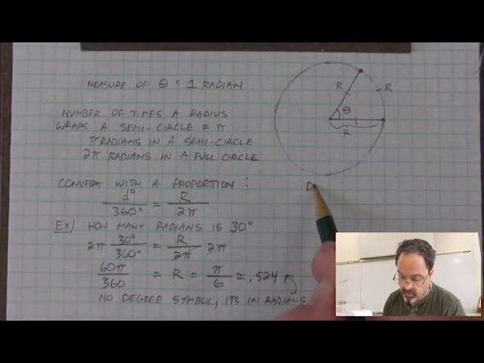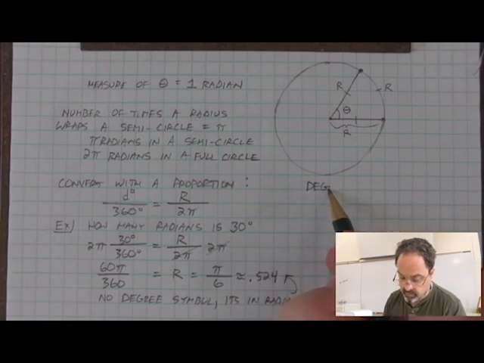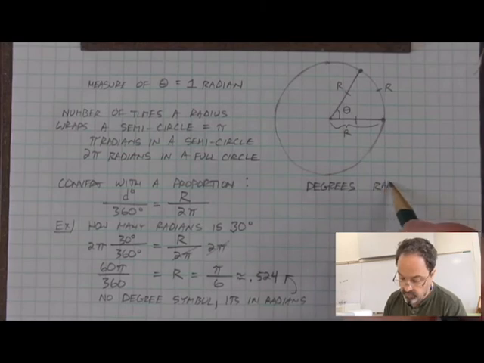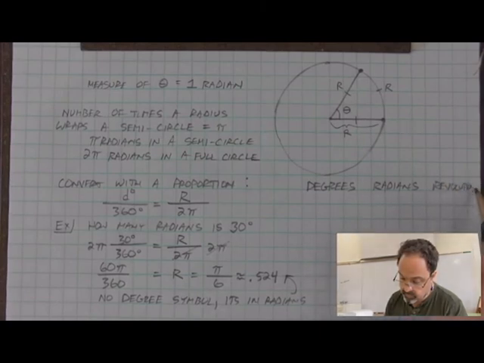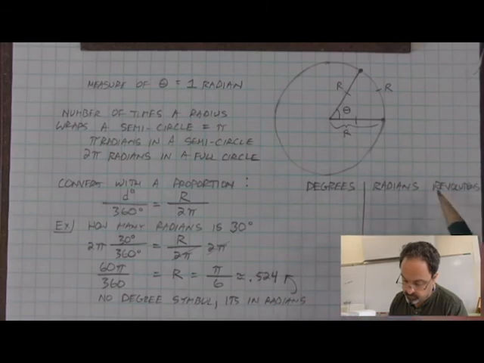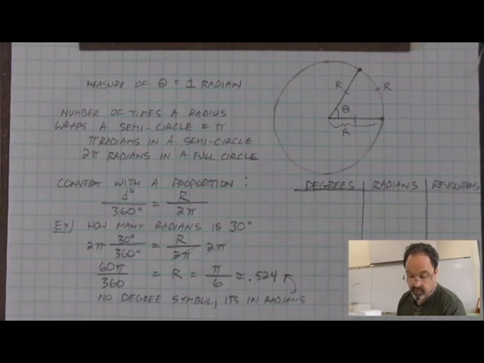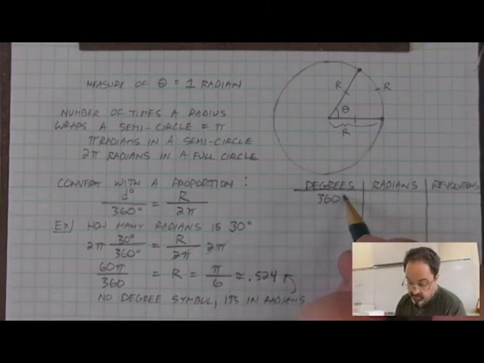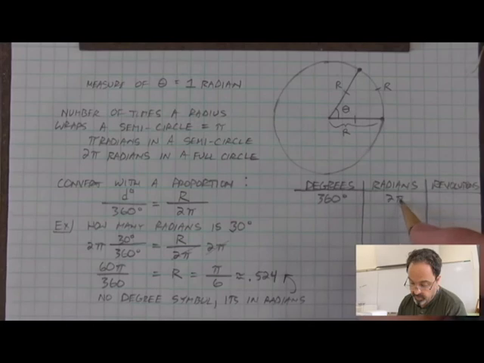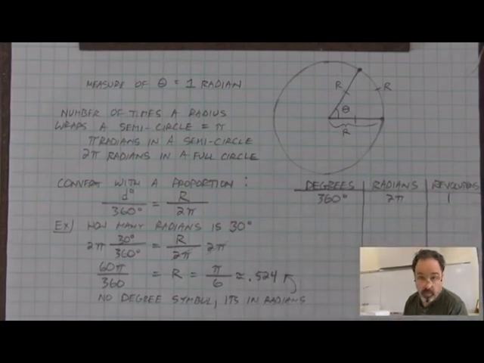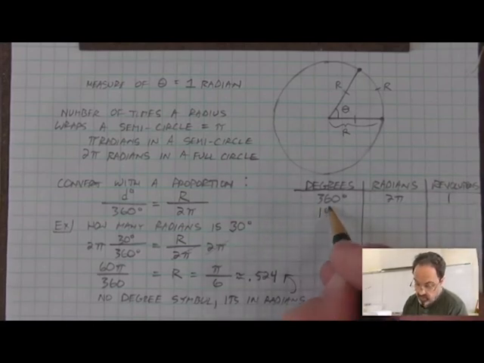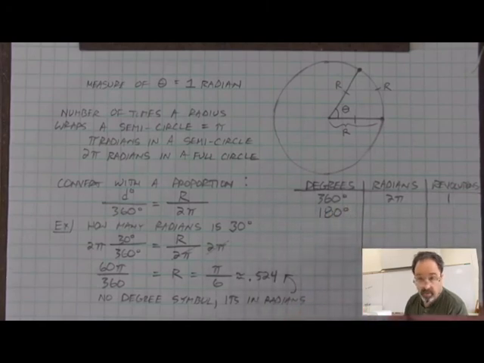There are now 3 familiar ways, once we work with radians a bit, to measure angles and arcs: degrees, radians, and revolutions. We can make a quick table of equivalent measures. 360 degrees is equal to 2 pi radians, or 1 revolution. A half a circle or a semicircle is 180 degrees.